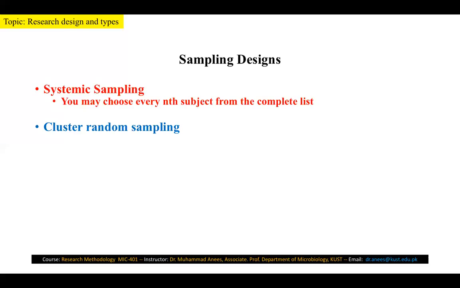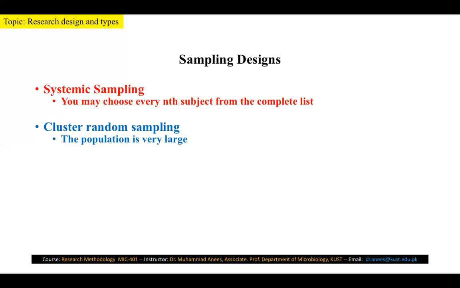Then another type is cluster random sampling. Let's suppose the population is very big and you cannot take into consideration all these subjects together. So you have to cluster them.